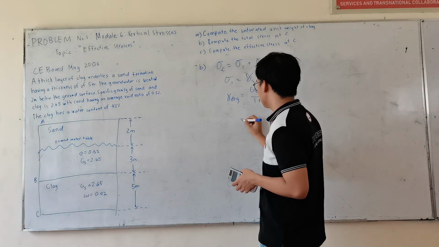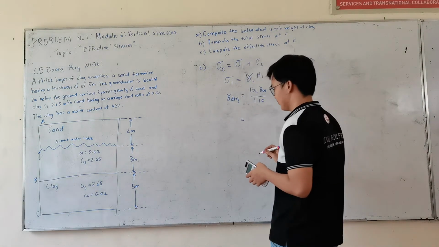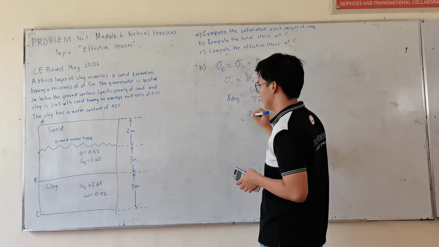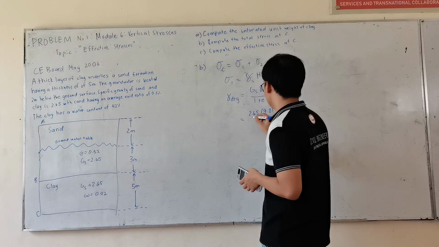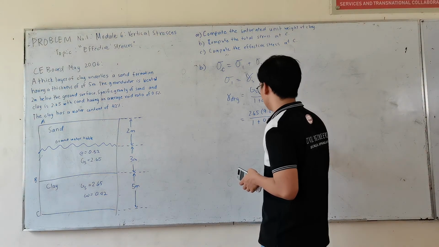So, direct substitution na lang ng mga variables: 2.65 times 9.81 over 1 plus 0.52.